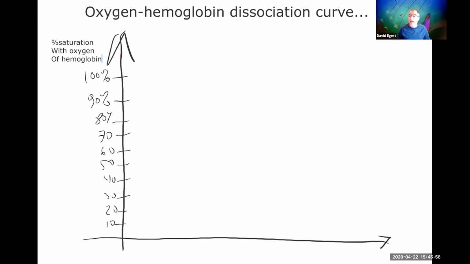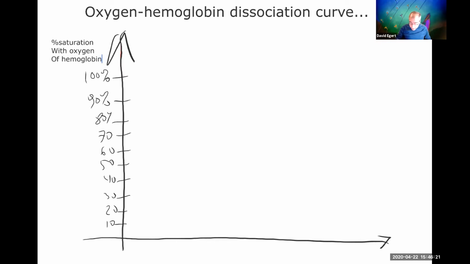It just means that the blood is carrying as much as possible given the nature of how oxygen binds hemoglobin. 0 would mean there is no oxygen attached. 100% means it's topped off completely, like the bucket is filled to the brim. You can't add any more oxygen to carry.